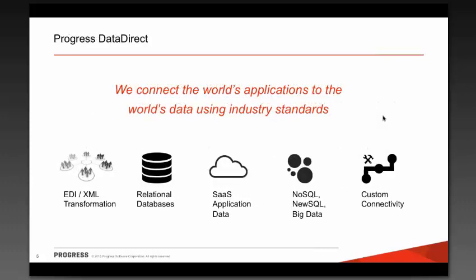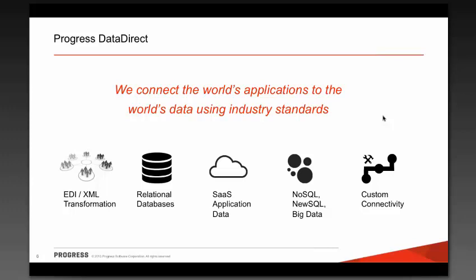So Progress Software has been around for over 30 years now, and the DataDirect business, as part of that, has a focus on connectivity to a variety of different database systems, from relational systems to NoSQL, big data systems, as well as connectivity into software as a service application data and some of the transformations that happen for those products.